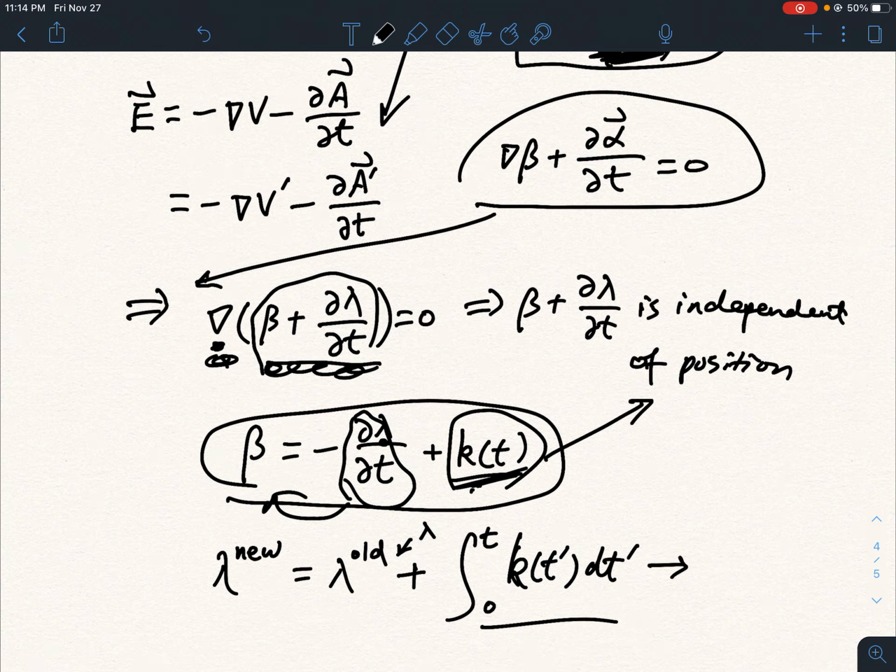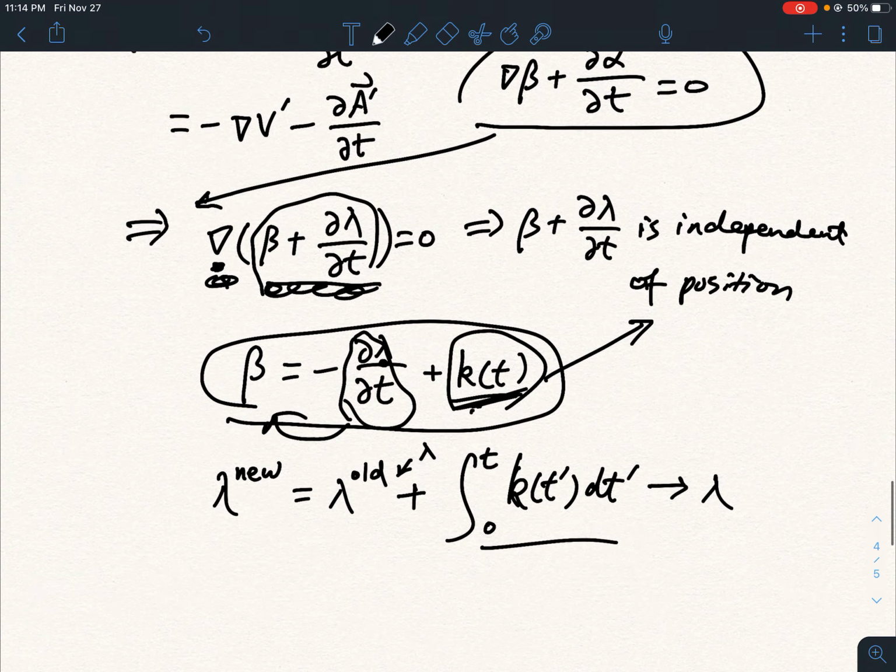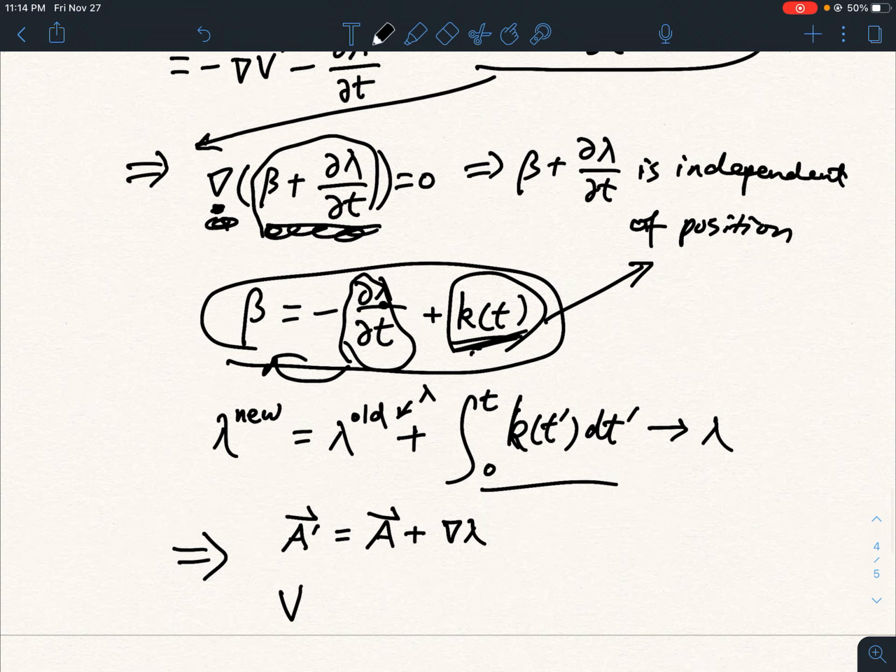So let us call this a new lambda. Then the new A should be related to the old A plus the gradient of lambda, and this new V prime should be V minus partial lambda over partial t. In this sense, I can get rid of beta, and I only have another function, lambda.